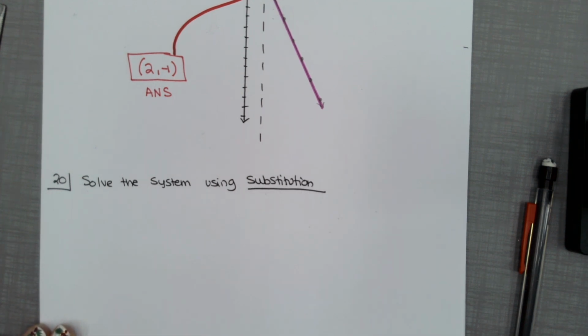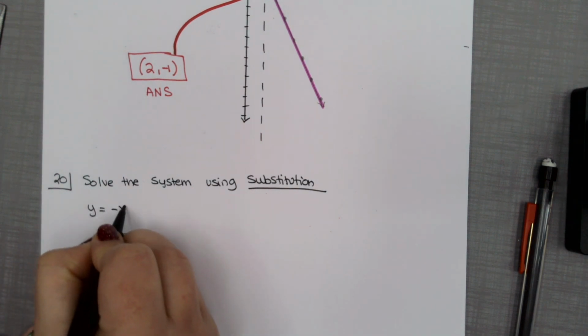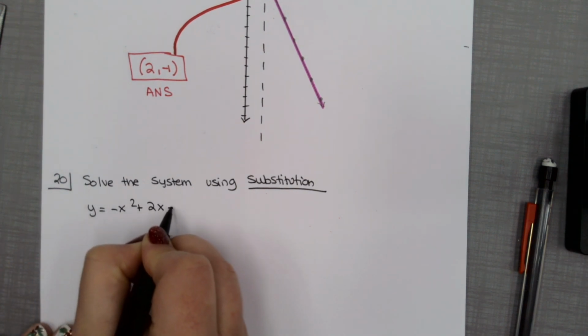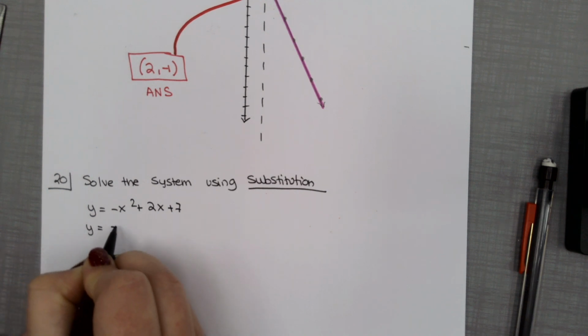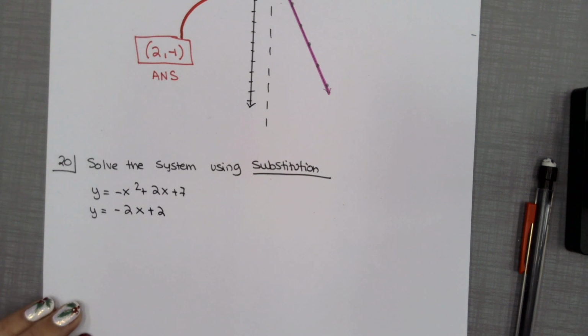So keyword here is substitution, meaning you're going to be replacing something with something else. So we got y equals negative x squared plus 2x plus 7. Y is equal to negative 2x plus 2. Step number 1, make sure both of them are equal to y.